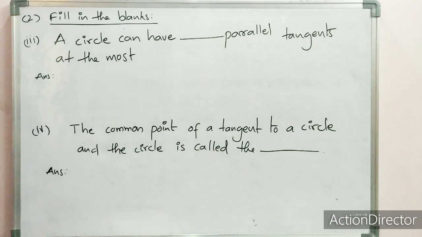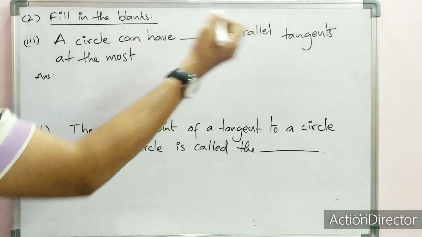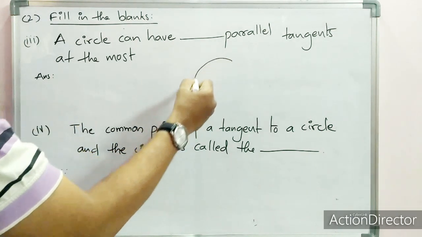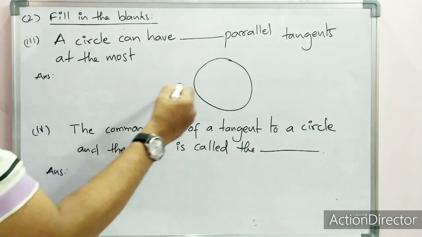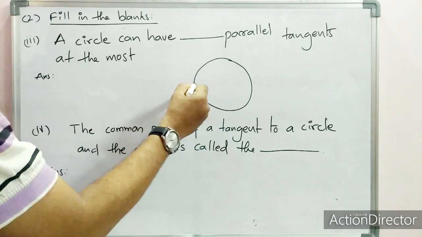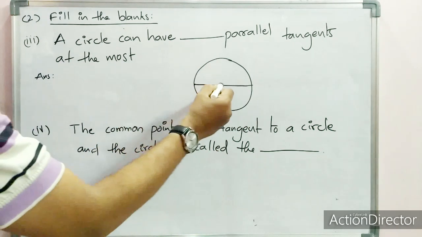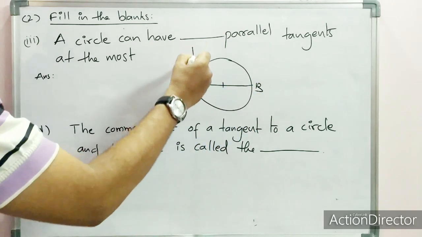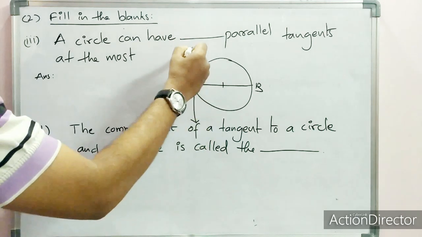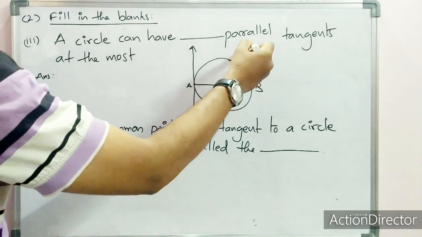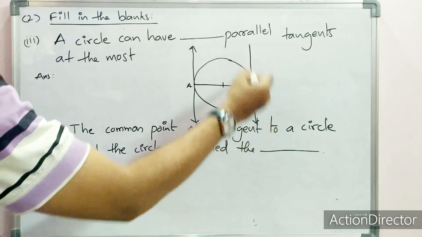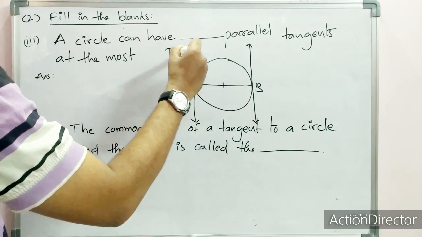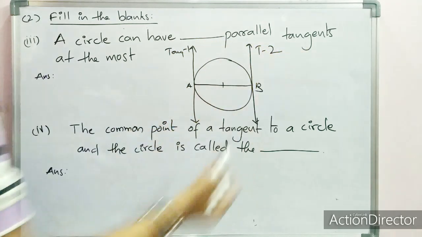Now, third question, a circle can have dash parallel tangents at the most. So parallel tangents. Suppose this is the diameter, and the end points of the diameter are A and B. If we draw at A, this is one tangent. And at the other end point B, this is one more tangent. So tangent 1 and tangent 2.